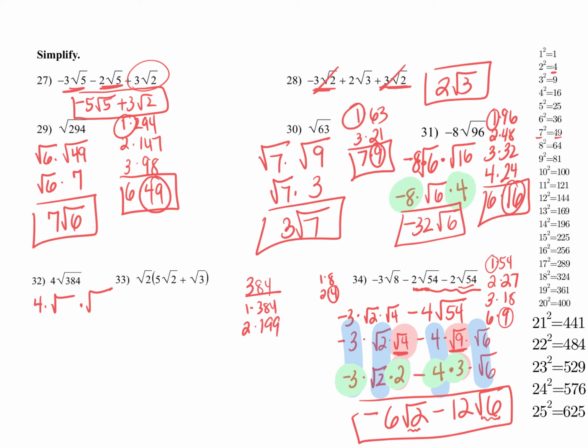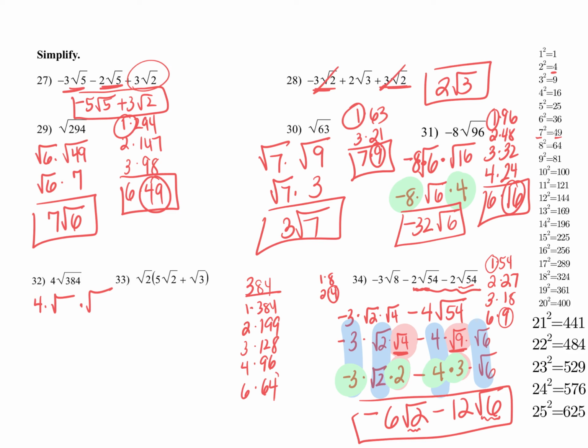I think it is divisible by 3. 3 times 128. 4 times 96. 6 will go into it. 6 times 64. And that's it.